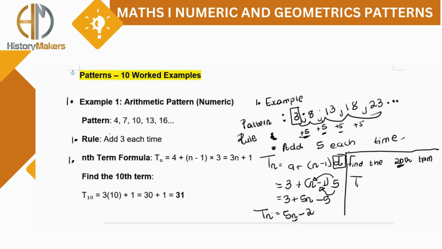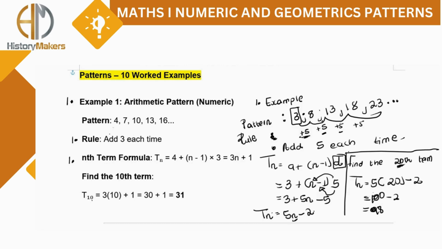We will multiply 5 by 20, minus 2. Sorry, excuse me, 5 multiplied by 20 is 100. So 100 minus 2, our 20th term is 98.